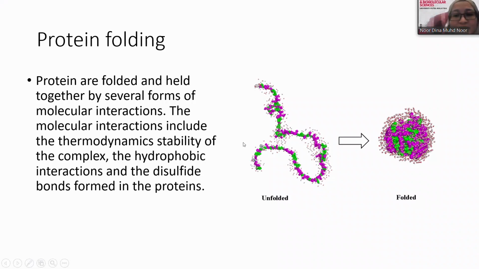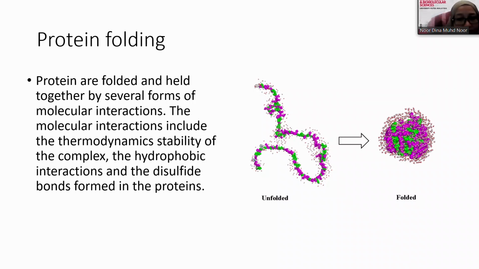But these types of proteins need to be folded before they are considered functional proteins. For the protein to be activated, it is going to need several forms of molecular interactions.